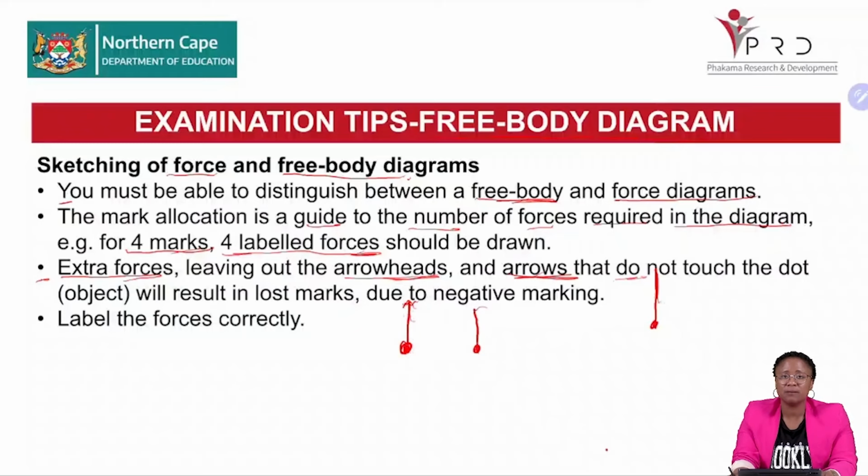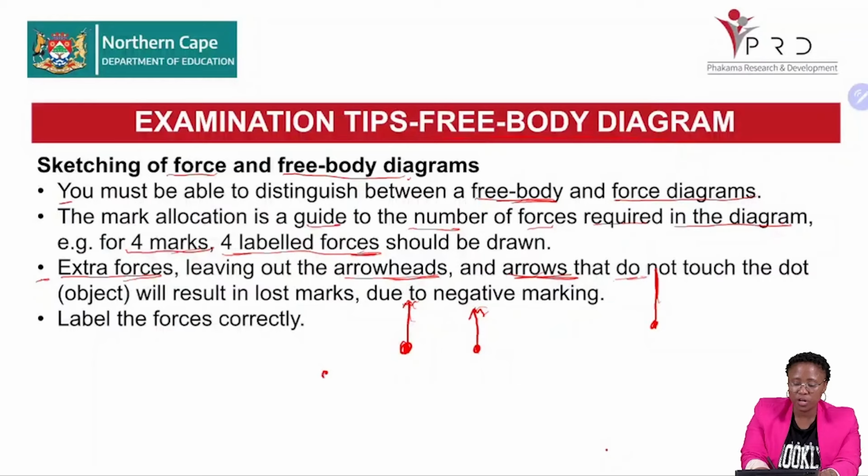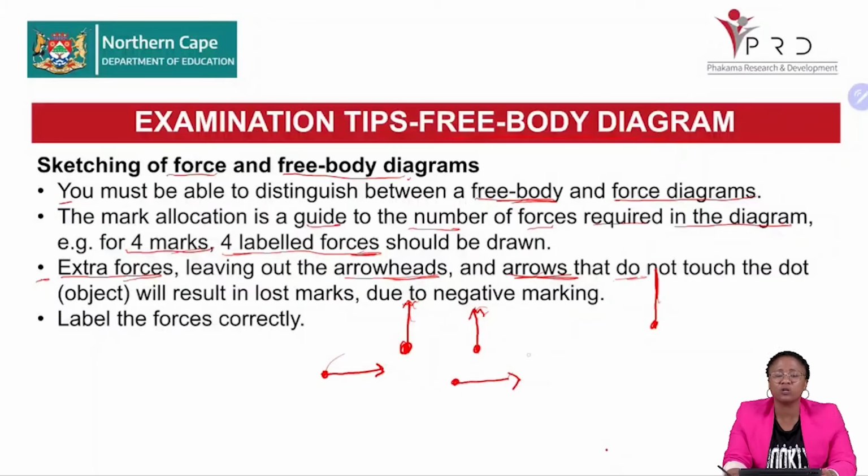Remember that a force is a vector quantity. It needs to have magnitude and direction. The arrowhead indicates the direction in which the vector is moving. So it's very important to always include the arrowhead and make sure that the arrowhead touches the line, because some of you, when you draw the free body diagram, draw it like that, and then there is a space between the arrowhead and the line.